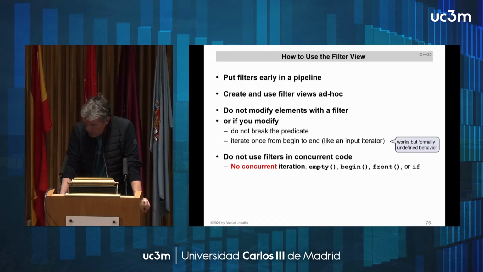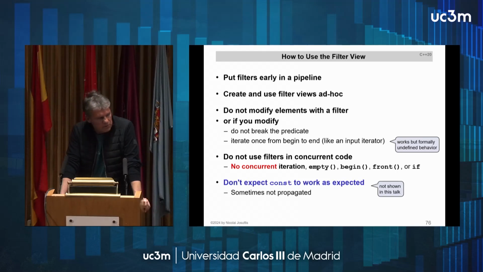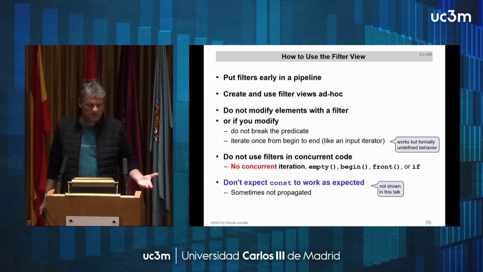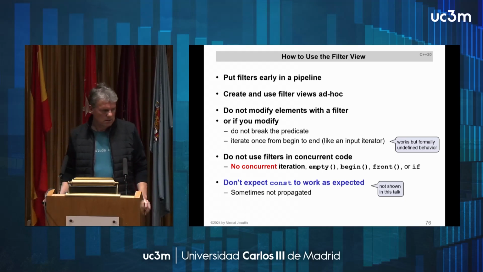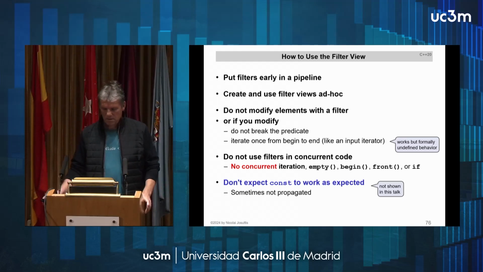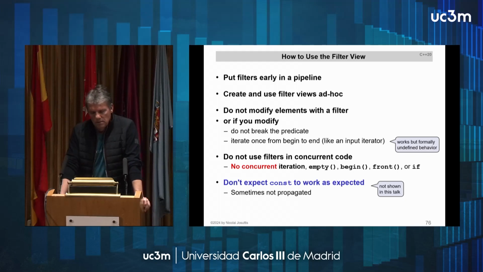I didn't tell you all the problems. There's also a problem with const propagation, sometimes const, when the view is const, the elements are const, sometimes not, which is a break both with the ordinary containers and also an inconsistency in itself. So that is also a thing you should remember.